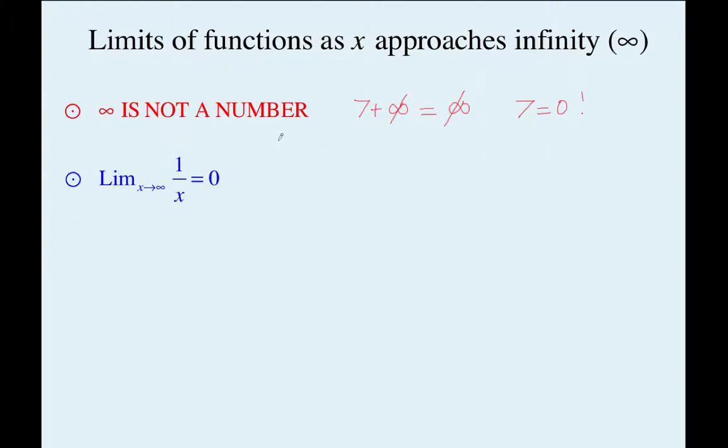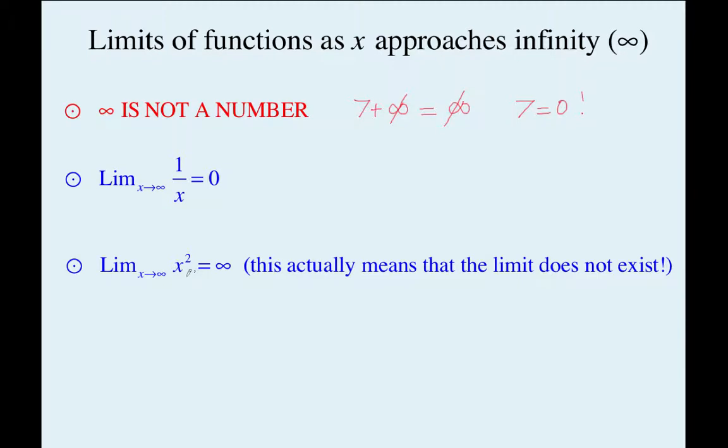Usually taking the limit for large values of x, or x goes to infinity, is not a problem. So if I have 1 over x over here, as x becomes larger and larger, the limit becomes 0. In other words, 1 over x becomes as close as you want to the number 0.